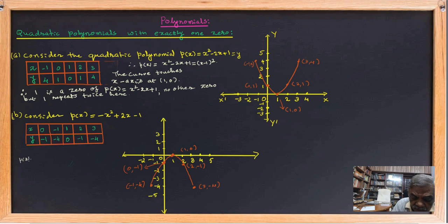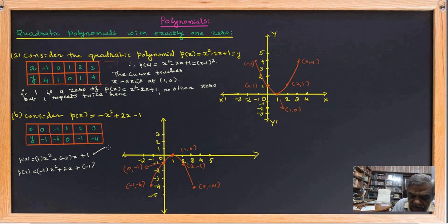From these two examples, what you can conclude here, look at the first one, p(x) equals 1 into x squared, for the sake of convenience, minus 2 into x plus 1. And the second one, p(x) equals minus 1 into x squared plus 2x plus of minus 1.